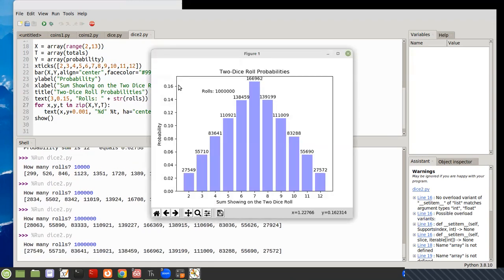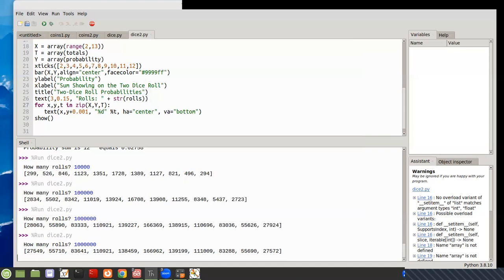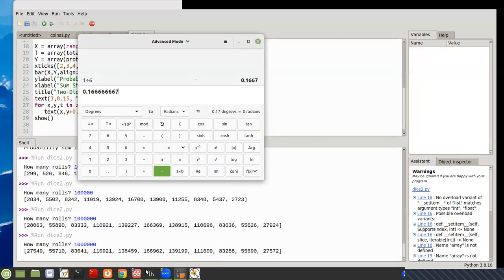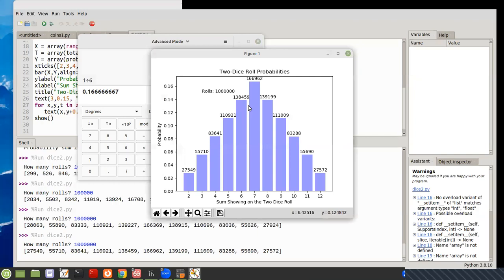You notice here that the number is almost 0.166, because we did it a million times.